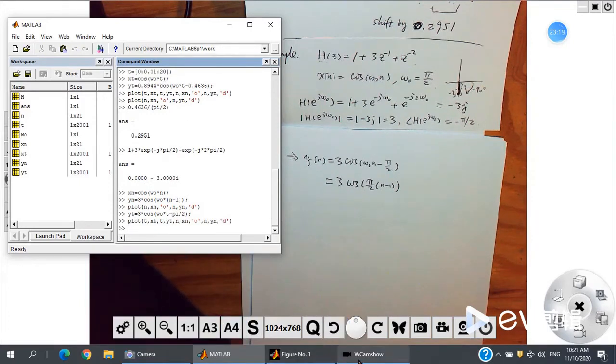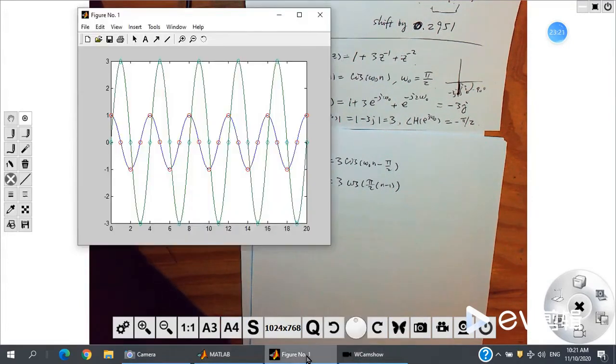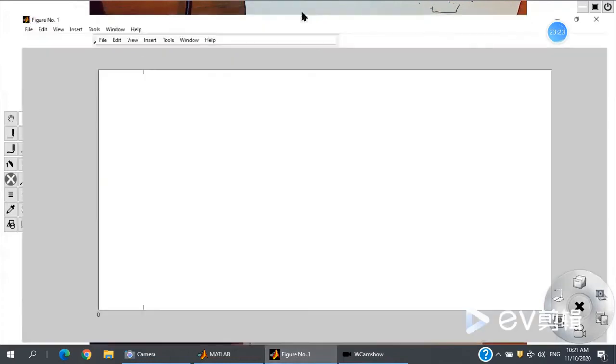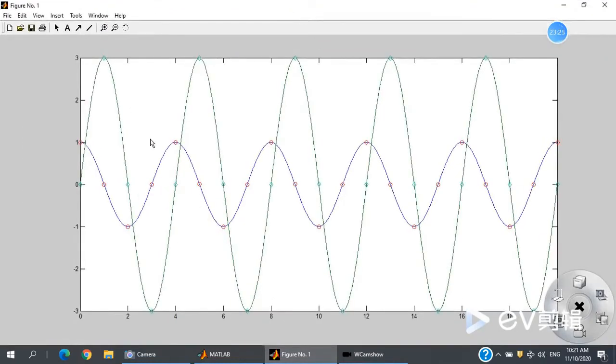So I have both. Okay, now the blue curve is the original one. Those red circles are x of n. And the green one is the output signal. It is shifted by 1. You see, here is 1. This peak location is at time 1.